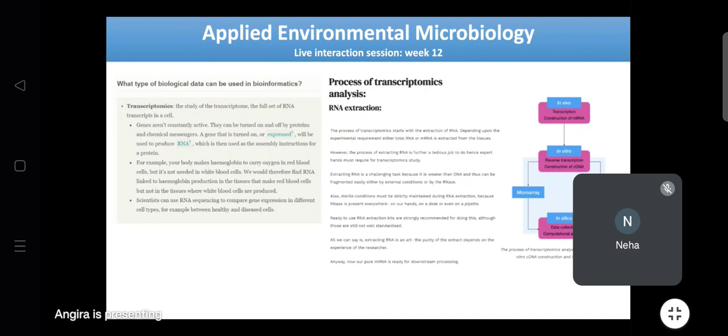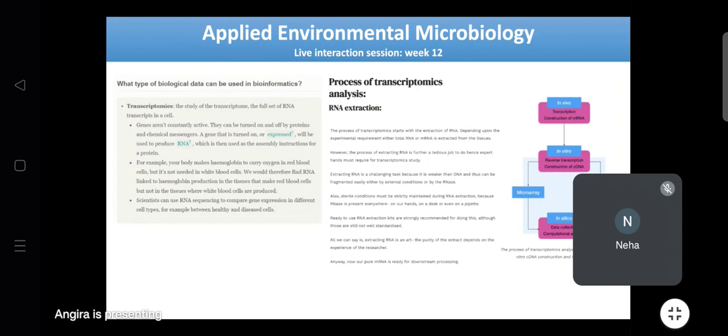So we have to be very particular during this RNA extraction process. We always use a ready-to-use RNA extraction kit for extracting the RNA, and one should always standardize the amount of reagents that is used for RNA extraction. After extracting the RNA, we can go forward to further downstream processes.